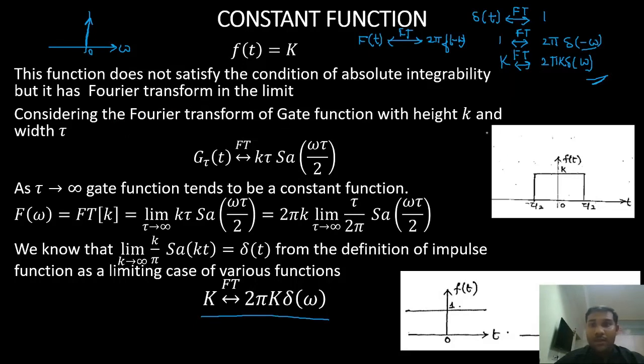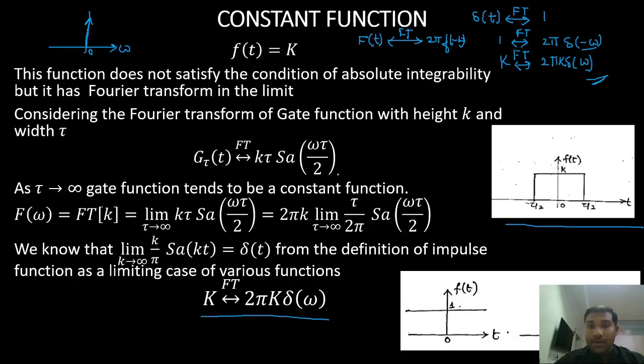Now I have considered a gate function shown in this figure here. The gate function is extending from minus tau by 2 to plus tau by 2, with an amplitude of k. So what is my Fourier transform for the gate function? The amplitude into the width of the function, that is k into tau, sampling of omega tau by 2, right?